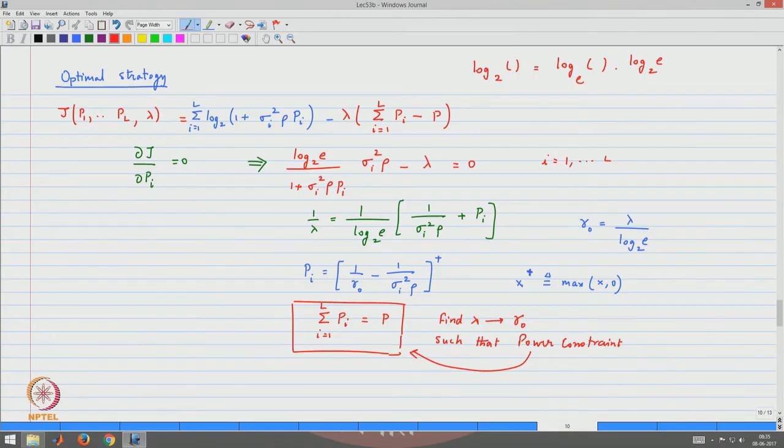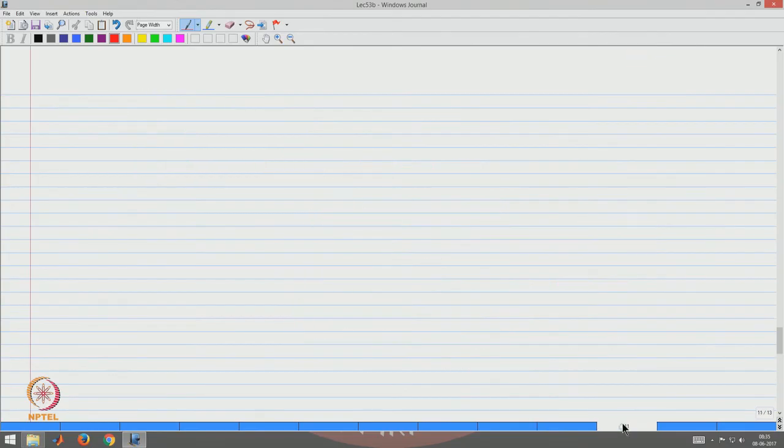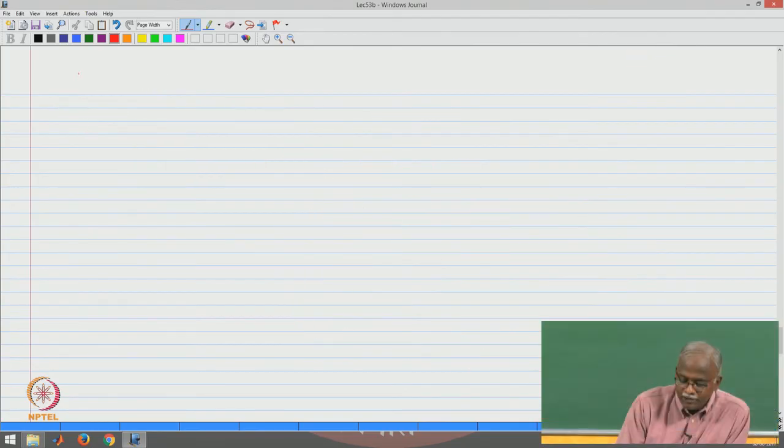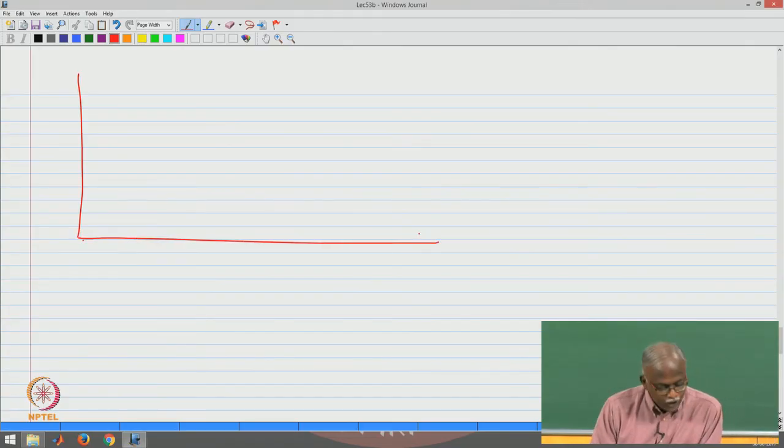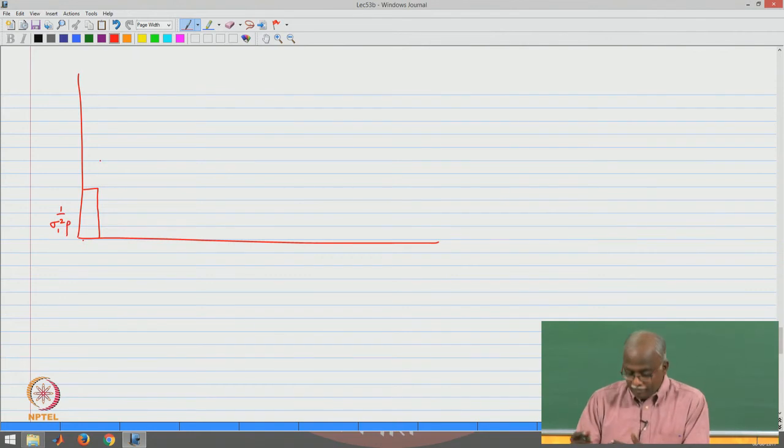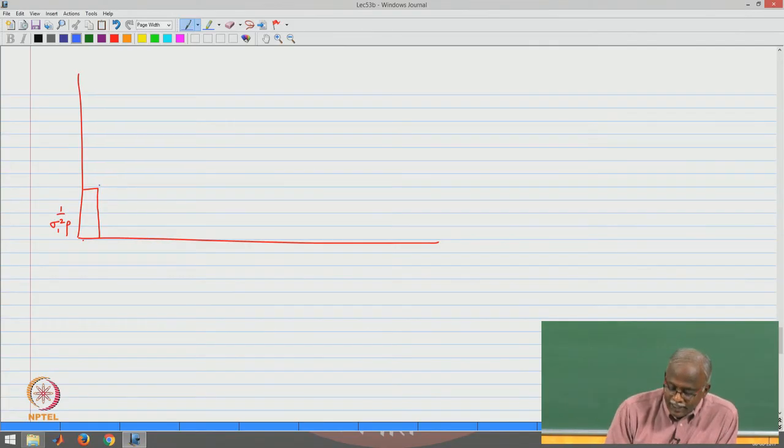If you were to draw a pictorial representation of these, you would draw the first parallel channel with its level 1 by sigma 1 squared times rho, and then the second channel, which has a slightly smaller value of sigma I. That would be the second channel when I take the reciprocal, 1 by sigma 2 squared times rho.